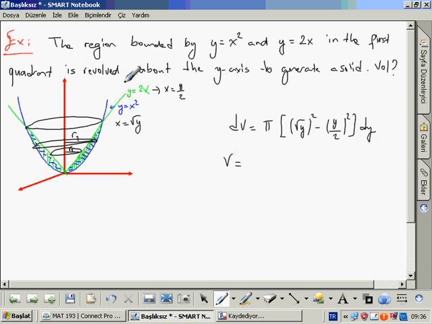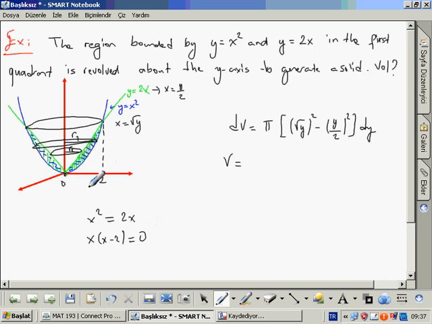And the integration will be from 0 to 2, because x squared equals 2x, so x times x minus 2 equals 0, and this one is 0 and this part is 2.